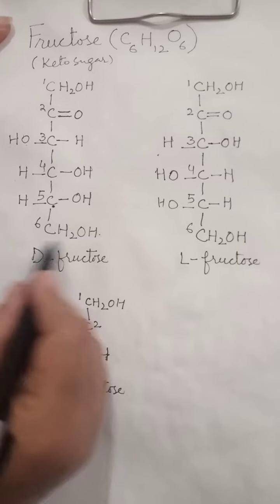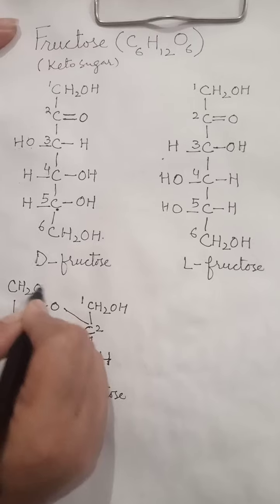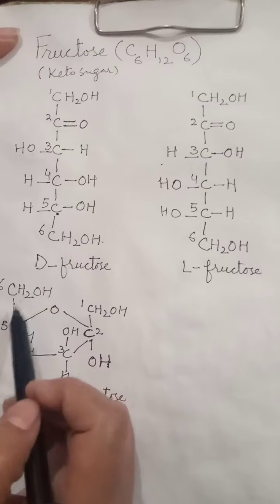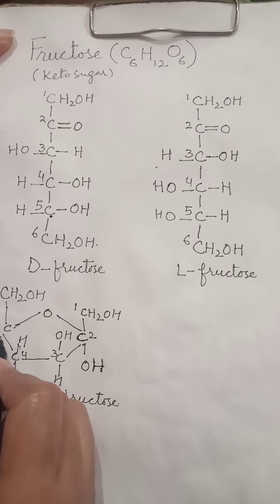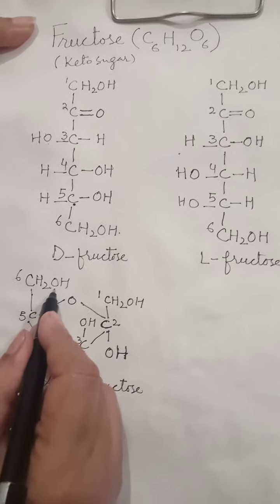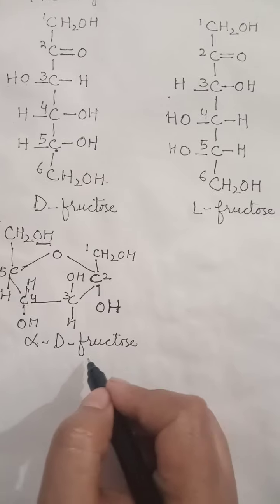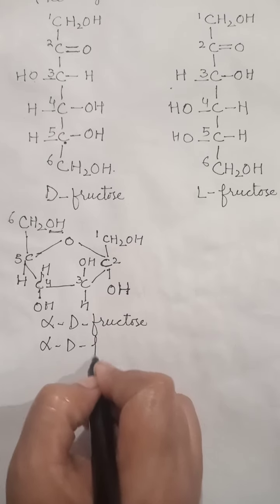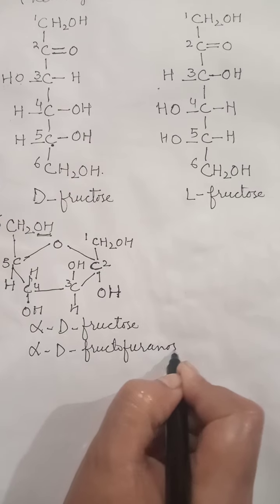Now with carbon number 5, you know what is attached? Carbon number 6 is attached, that is CH2OH. The rest of the structure you have to write with it. Since you have already written the hydroxyl group on the top, over here you will write hydrogen. So this is alpha D fructose, or you can say alpha D fructofuranose.